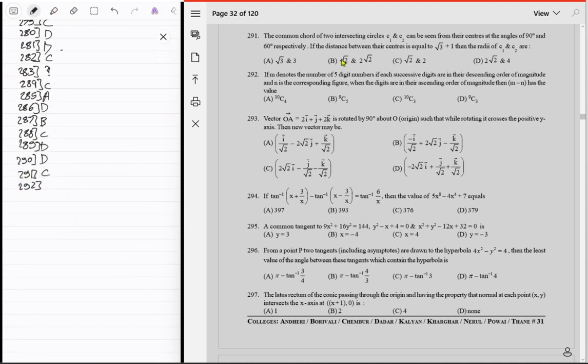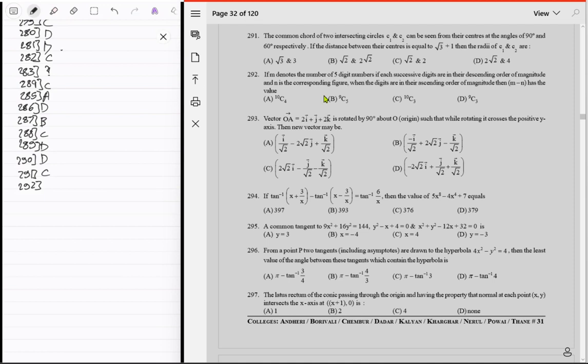292: if M denotes the number of 5-digit numbers, if each successive digit is in descending order of magnitude, and N is the corresponding figure when the digits are in ascending order of magnitude, then M minus N has the value. 5-digit numbers, each successive digit in descending order. Necessarily or weakly descending, what are you saying? And N is the corresponding figure when the digits are, I think, strongly descending. Fine.